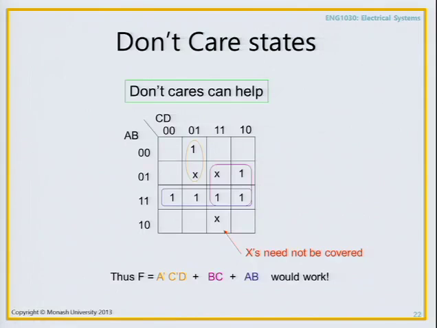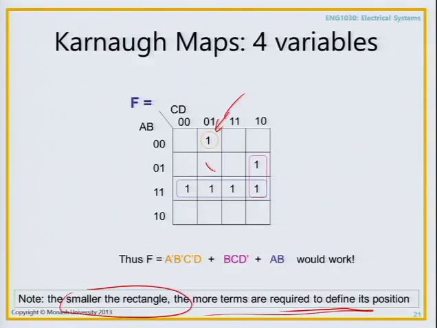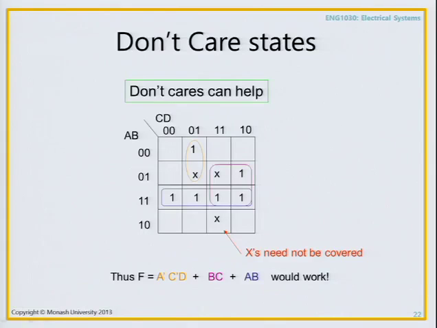Okay. This map and this map are exactly the same, except we've got a few don't cares in here. Okay? So we've put a couple of don't cares in here. How does that help us? Well, it turns out that with these don't cares in here, I can make bigger boxes.